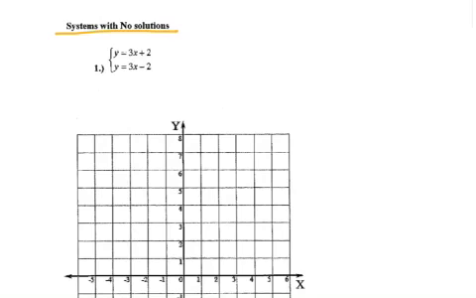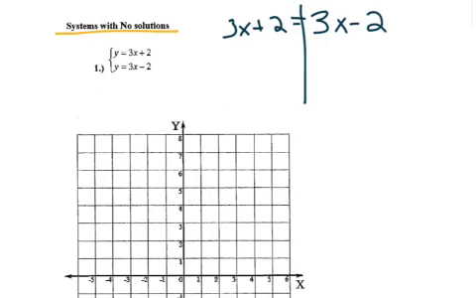So what we're going to do first is set our two equations. You always set your two equations equal. So I have 3x plus 2. I'm going to set it equal to my other equation, 3x minus 2. So remember, when you have variables on both sides, you're going to get rid of one of them. But oh wow, they're both 3.